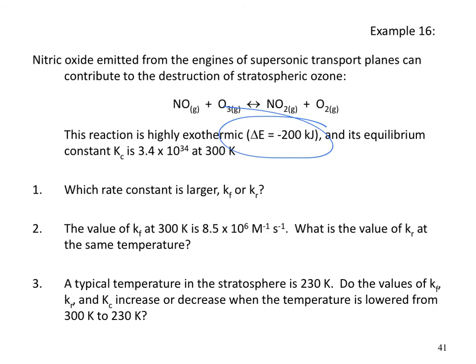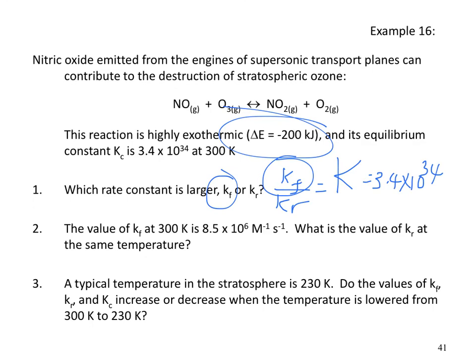Which rate constant is larger, Kf or Kr? It's pertinent to say that Kf over Kr is equal to capital K. And if capital K is 3.4 times 10 to the power of 34, obviously the numerator will have to be large. So you would say the Kf is going to be large at this given temperature.